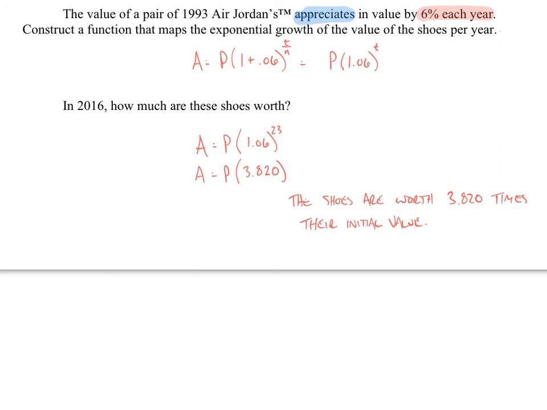So if you looked up sneakers from 1993, maybe those things cost $60 back then. You would just plug that in, and you would have 60 times 3.820. And using that formula, maybe now they'd cost $229.20. So you could just use that to determine it. But they didn't give us the initial price, so we're just working with what we have.